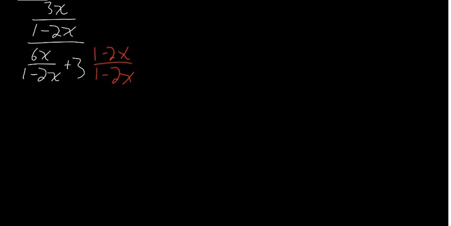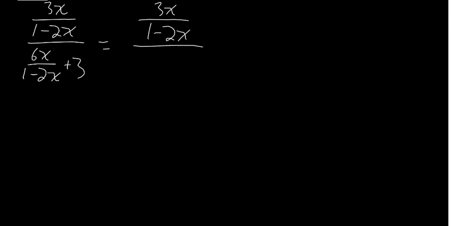Once I do that, I can get a common denominator and combine my denominators in my denominator. People wonder why so many people hate math. Might be this problem right here. So we've got 6x over 1 minus 2x, and I said I'm multiplying this. I probably should have just kept it there. I'm going to keep it there for right now, just so I can think my way through this.